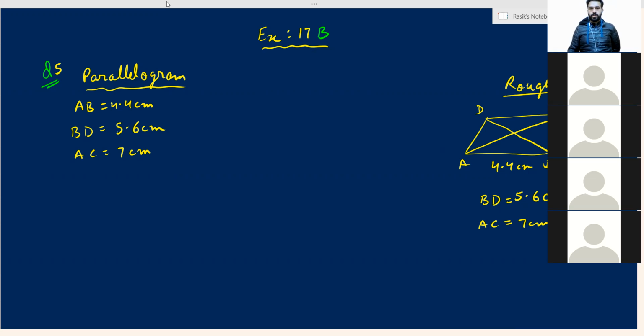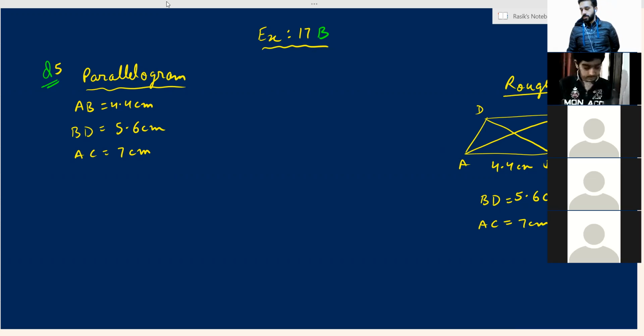Post your answer of question 3 and 4 both in the group. If you have done the third one, please post it right now. And then later on you can post the fourth one.